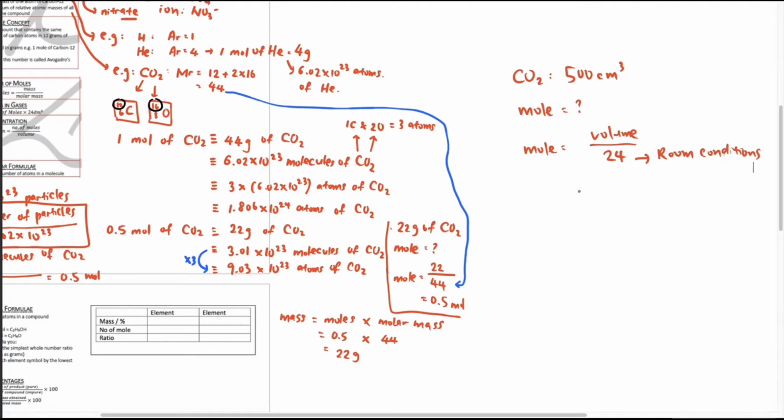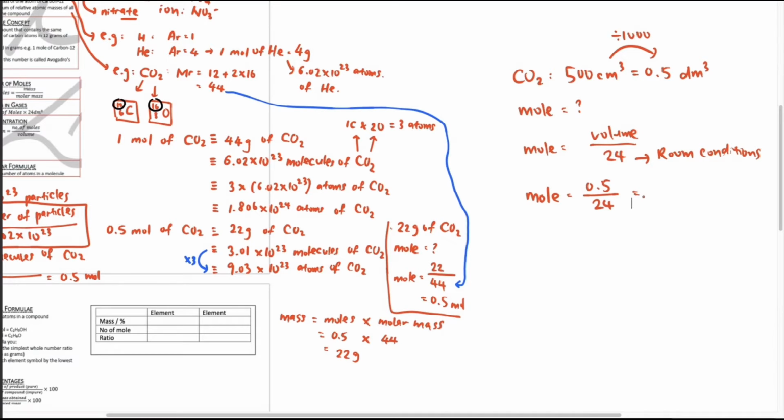Okay, so mole equals volume. The volume you have to change to dm cube, so you divide by 1000 to change it to dm cube, which is 0.5 dm cube. Now you take the 0.5 divided by 24.